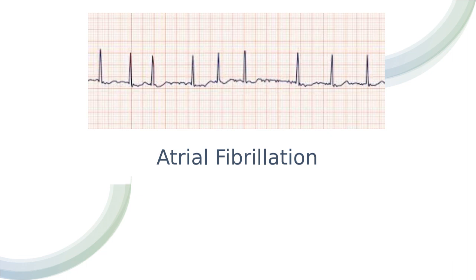Do you see how irregular this is? That's a sign of AFib. Do you guys know what patients with AFib need to be on? Because it increases their risk for blood clots. They could be on Warfarin or a low molecular weight heparin, just to prevent that.